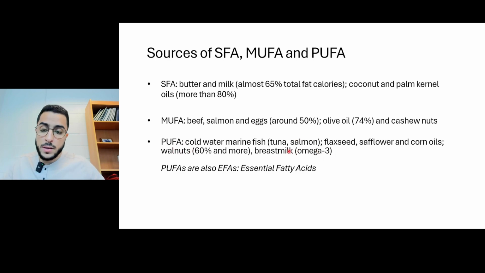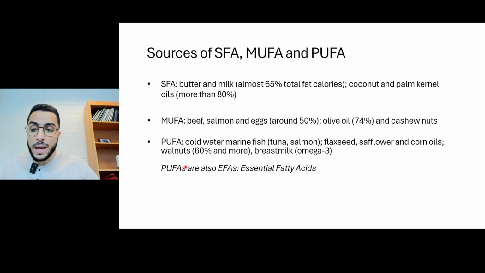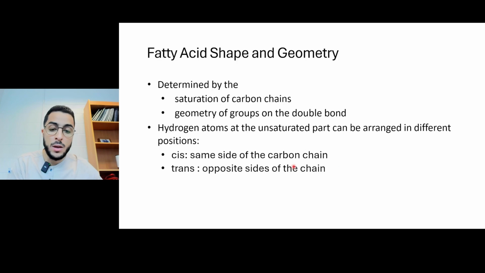Breast milk contains a lot of omega-3 for the development of the kid, and omega-3 is a polyunsaturated fatty acid. Additionally, PUFAs, polyunsaturated fatty acids, are essential fatty acids. That means they need to be found in your diet. You don't make them, okay? And so you need to eat them from somewhere. This is why breast milk is rich in omega-3 for the newborn.